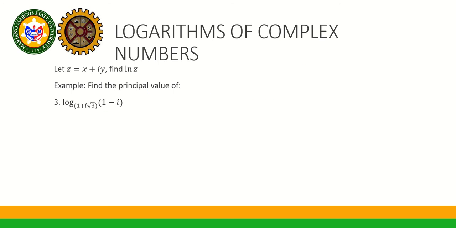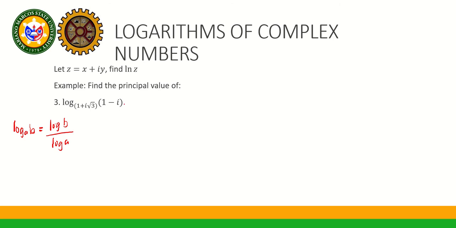Okay? So, now, let's have example number 3. Log of 1 minus I to the base of 1 plus I square root of 3. So, how do we do that? Recall natin yung rules of logarithm na kapag the logarithm of b to the base a is equal to log of b over log of a.